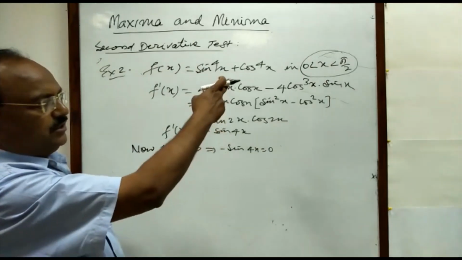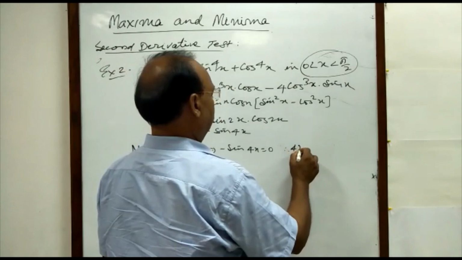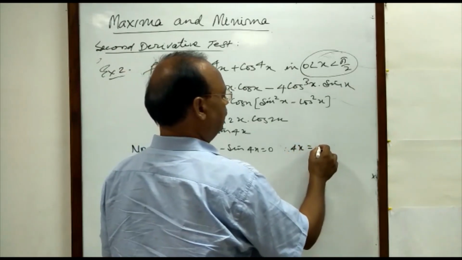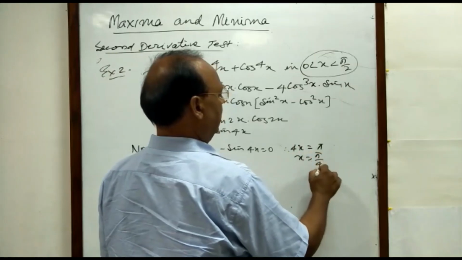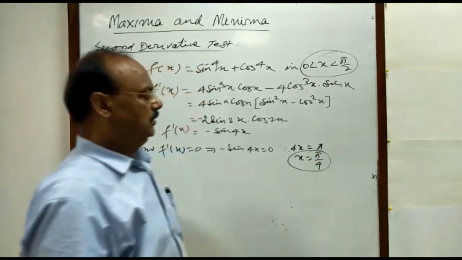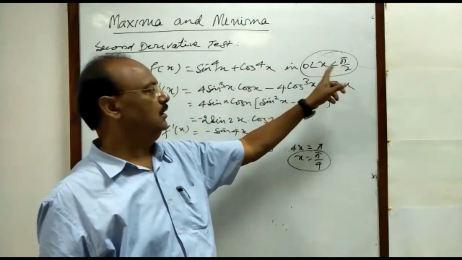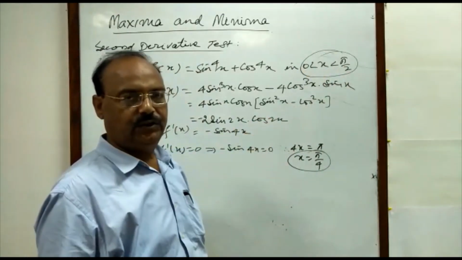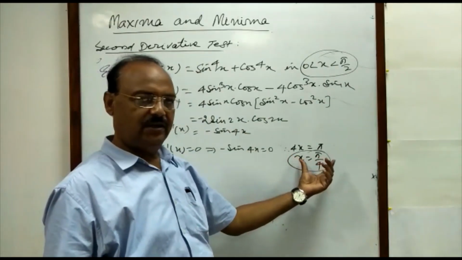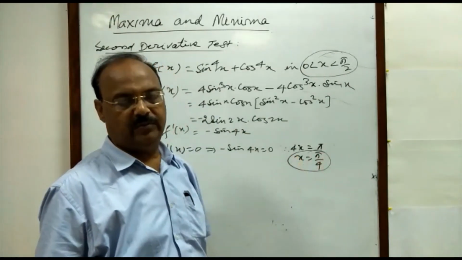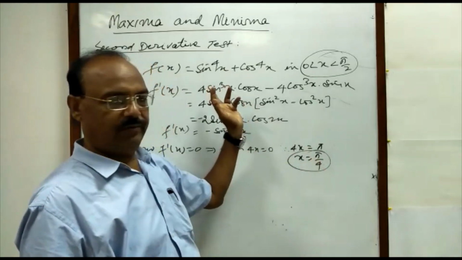So considering that given interval, we can write therefore 4x is equal to pi, and x is equal to pi by 4. So this value x is equal to pi by 4 is lying in the given interval between 0 to pi by 2. So this x is equal to pi by 4 is the candidate for local maxima or local minima. This value of x will give local maxima or local minima of the given function.